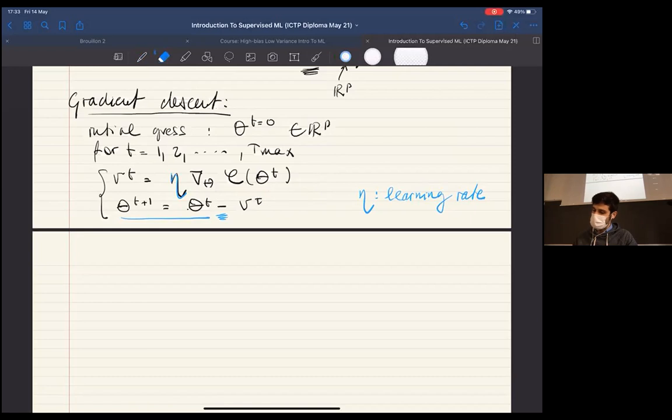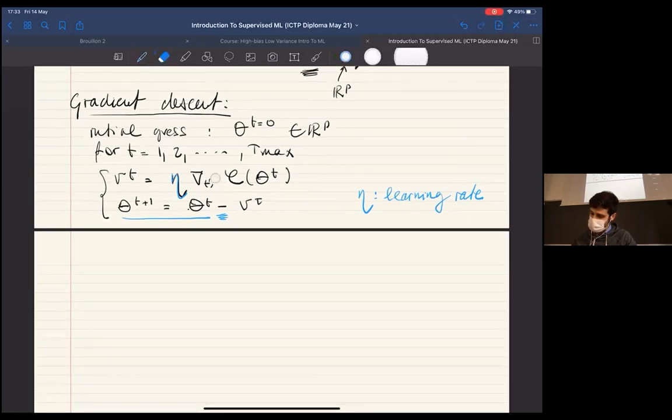Is it clear what a gradient is, just in case? What does this symbol here mean? Okay, I will write it once explicitly. So the gradient with respect to theta of the cost at theta t is the vector of derivatives.